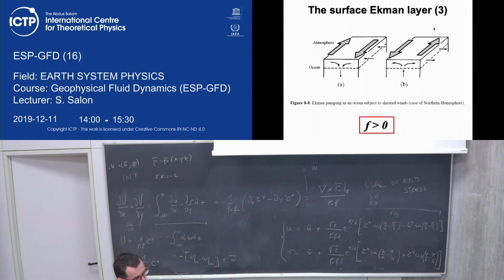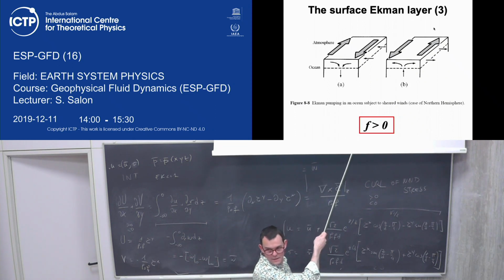Okay. Of course, also here you cannot do anything with the pressure here. Yeah. So this mechanism, which is still called Ekman pumping, and in particular, this is called upwelling, and this is called downwelling.